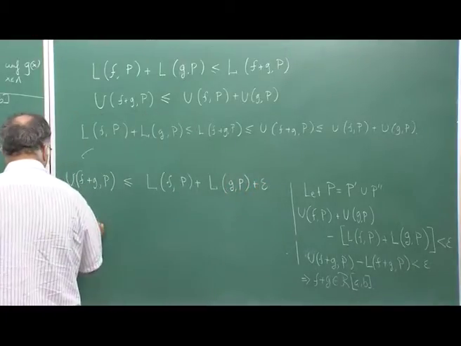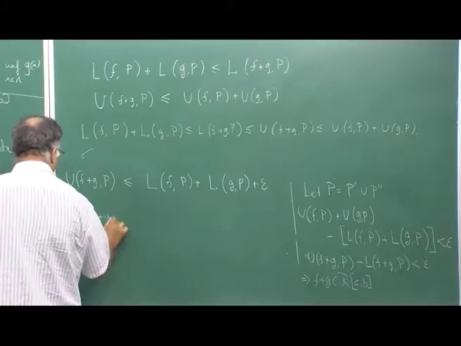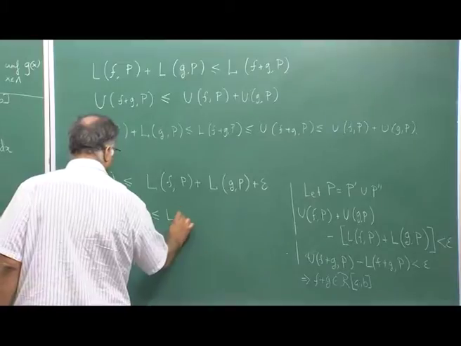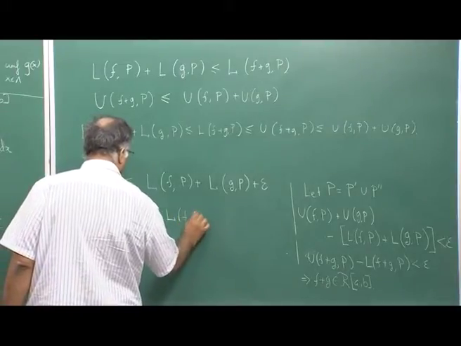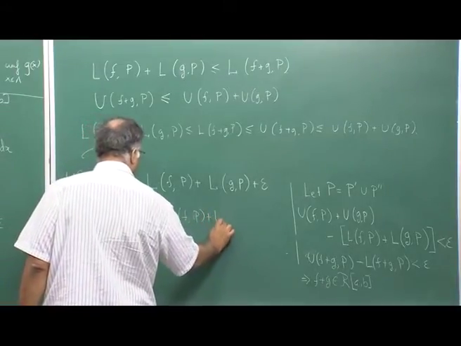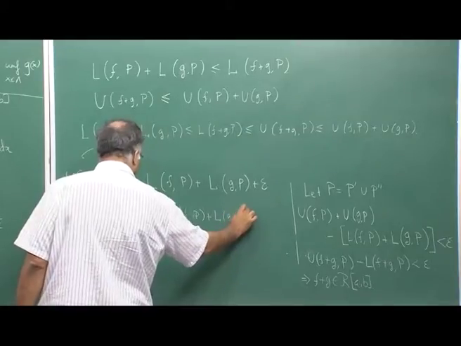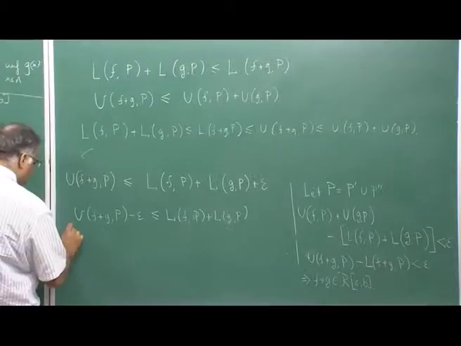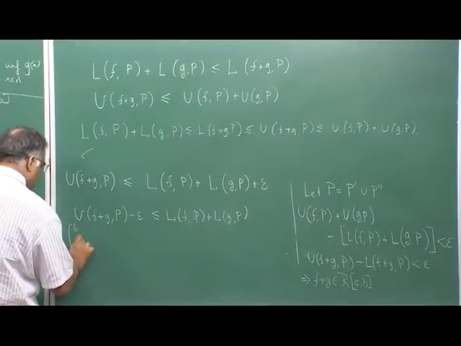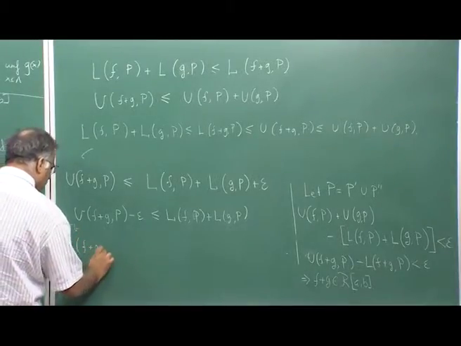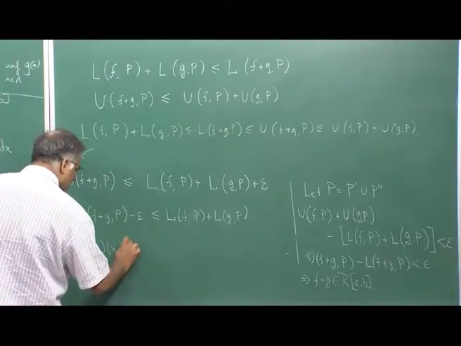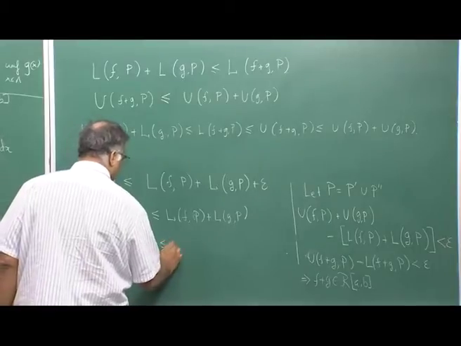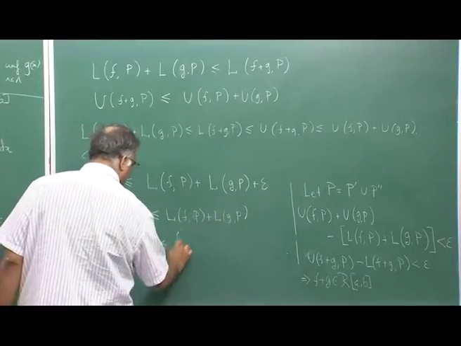So, U of f plus g P minus epsilon is less than or equal to L of f P plus L of g P, and you know that U of g P is bigger than the integral of f plus g, because f plus g is already proved to be Riemann integrable. So, the integral a to b of f plus g x dx minus epsilon is less than or equal to, each of these are less than their individual integrals.